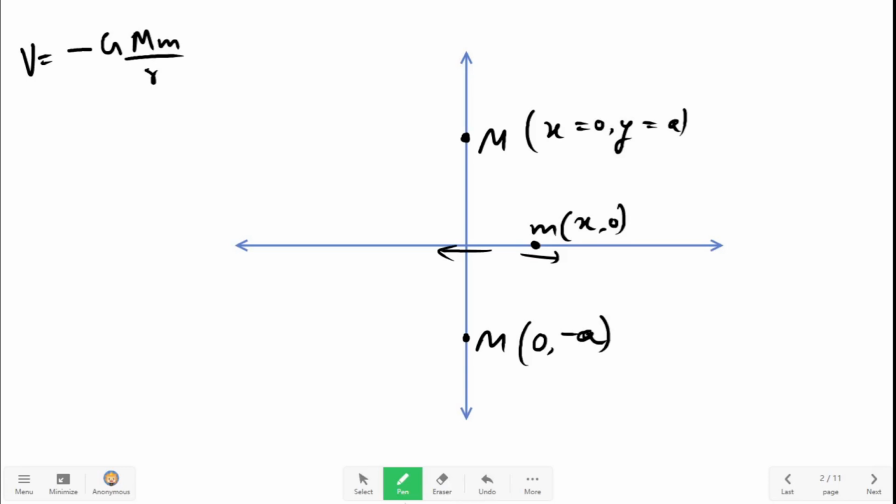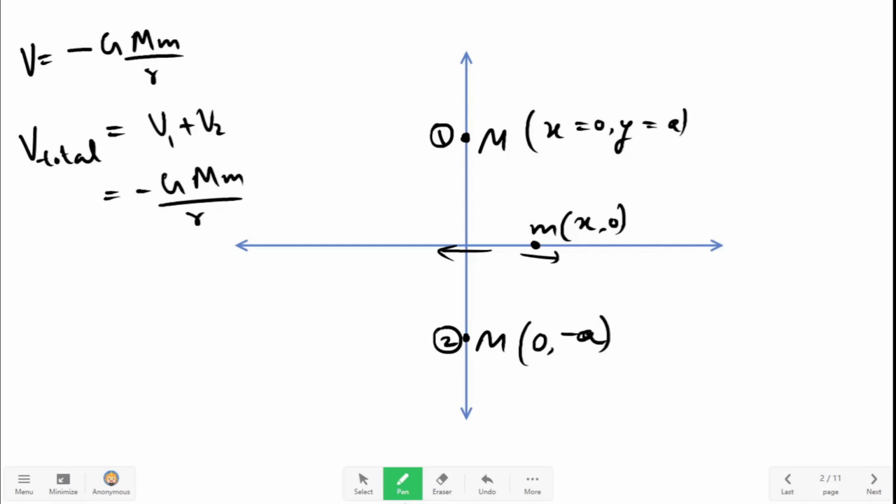Now the gravitational potential here is due to 2 masses. One mass is here, another one here. So total potential at x, 0 is equal to V1 plus V2, where V1 is equal to minus GMm divided by r1, and V2 is minus GMm divided by r2.